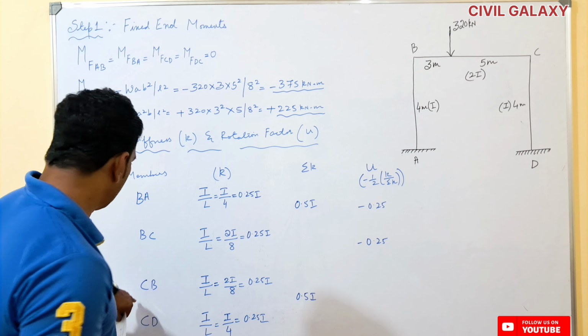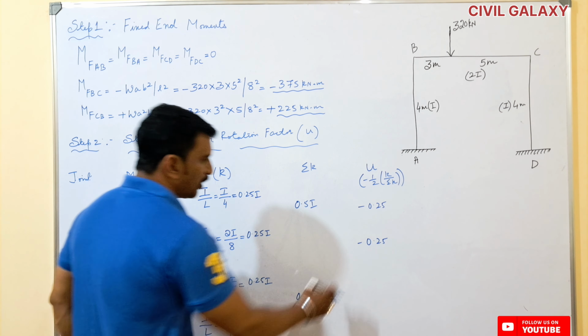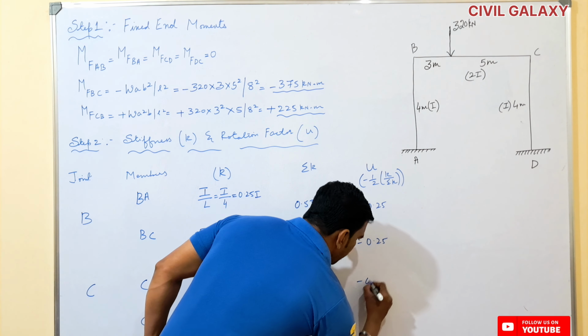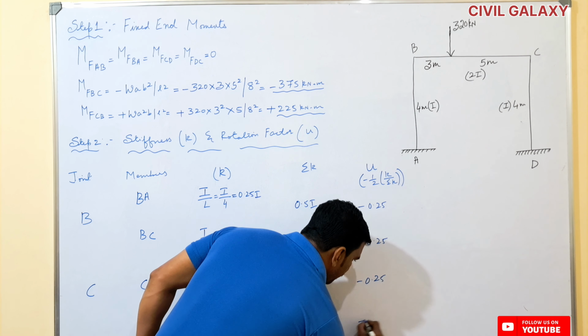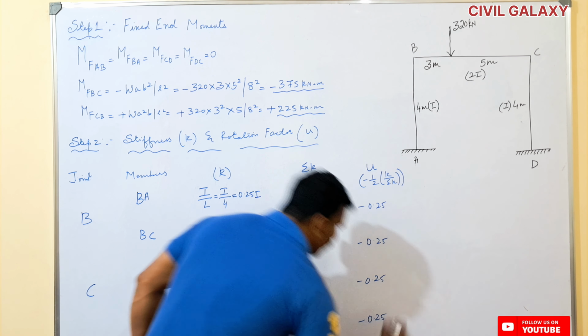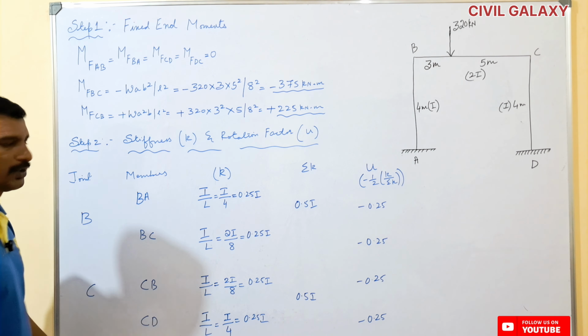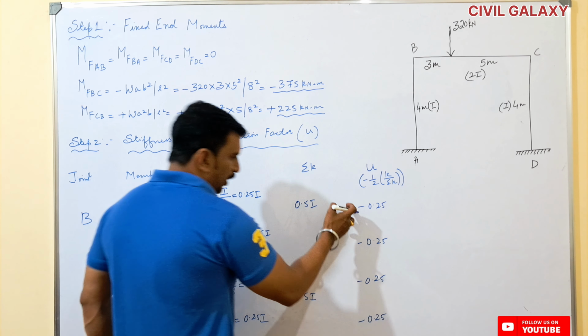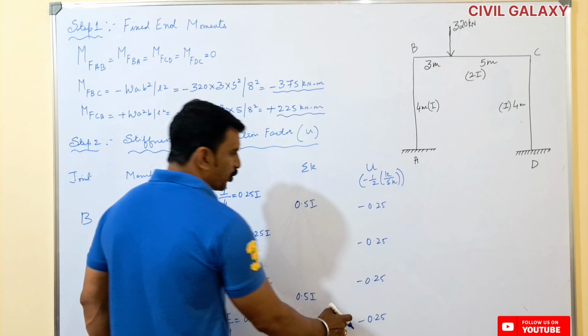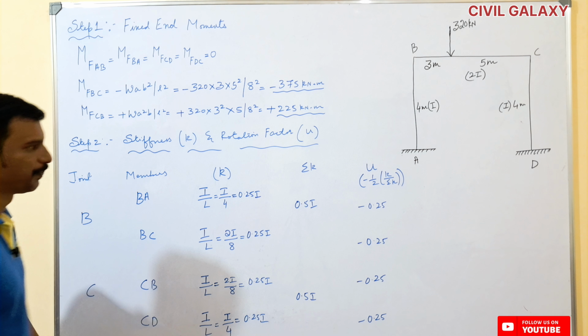Now if we calculate for member CB, the rotation factor will be minus 0.25, and here also minus 0.25. To cross check, the total of all the members should be equal to 1.